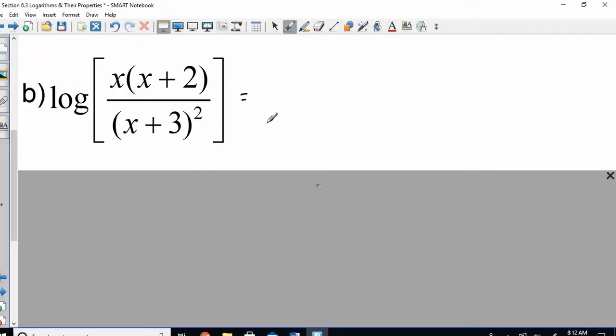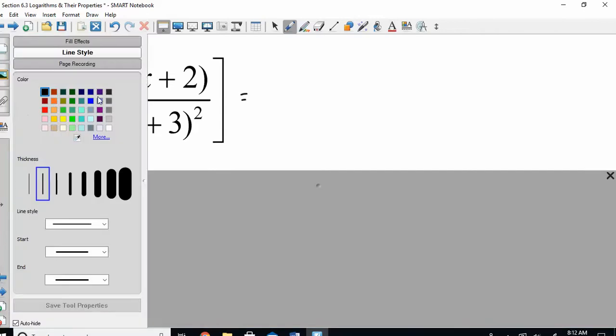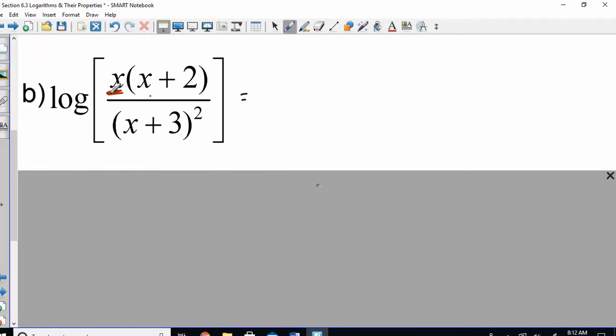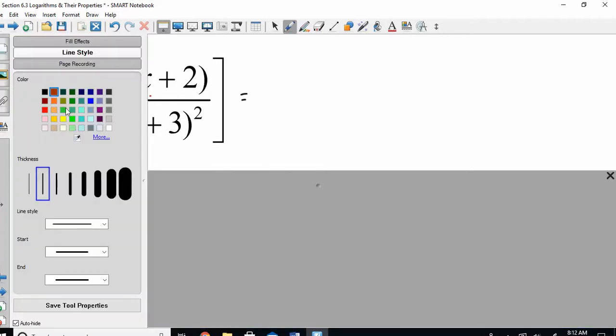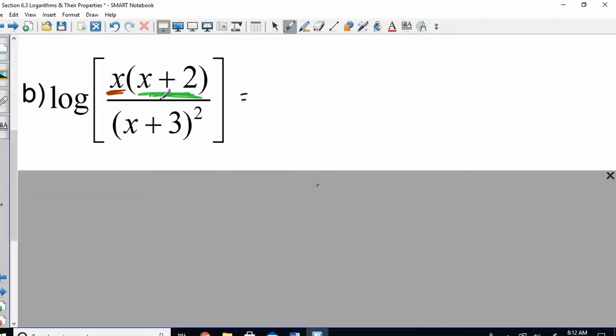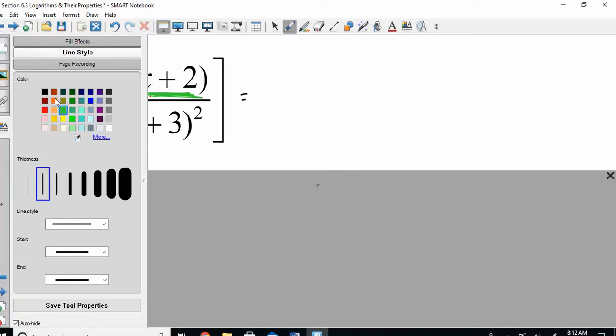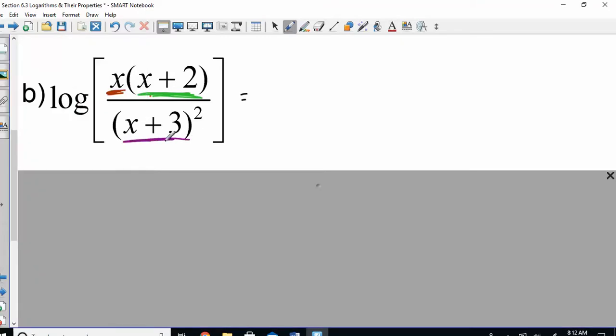Do you think we can do this all in one step, or do you want me to write down everything? Try it in one step. If I confuse you, I can back up. We really have essentially three things here. We have this x. It's being multiplied with the x plus 2. And it's divided by this x plus 3 squared.